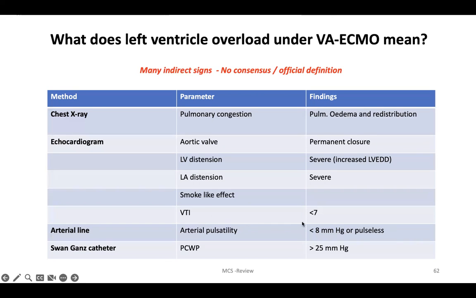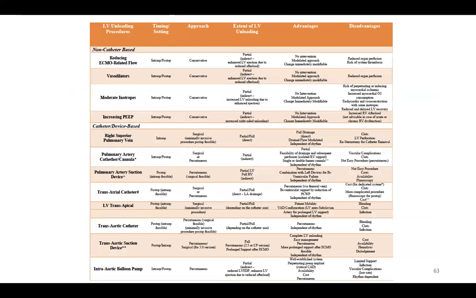And if the VTI in the LV outflow tract is very low, it could also be a sign of LV distension under VA ECMO. And finally, another indirect sign is a high pulmonary capillary wedge pressure, if you have a Swan-Ganz catheter in your VA ECMO patient.